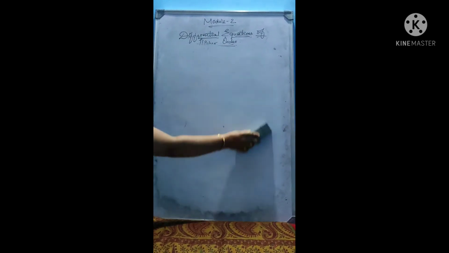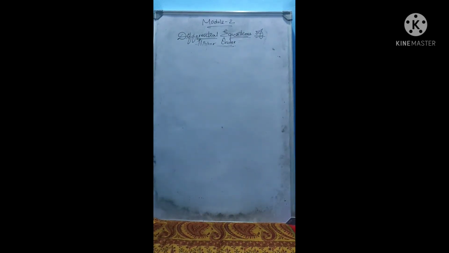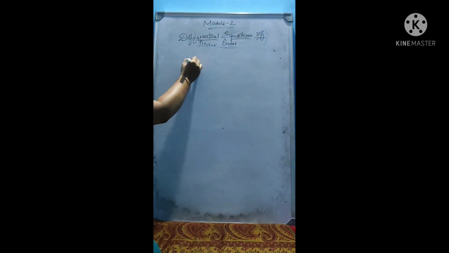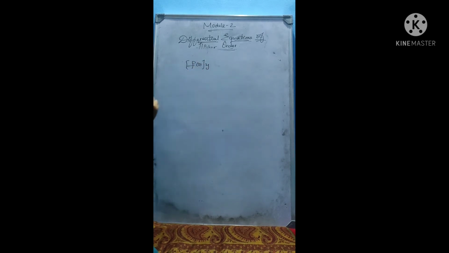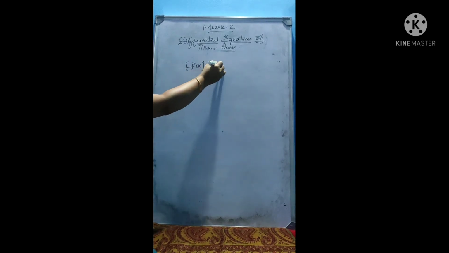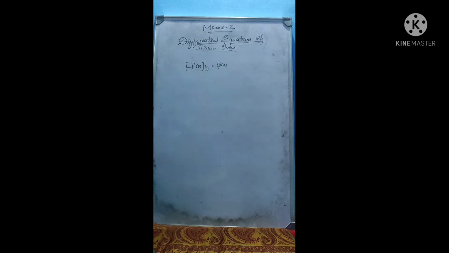For a given linear differential equation, how do we find a complementary function? Let us assume the general form of a linear differential equation given by f of D into y is equal to phi of x.